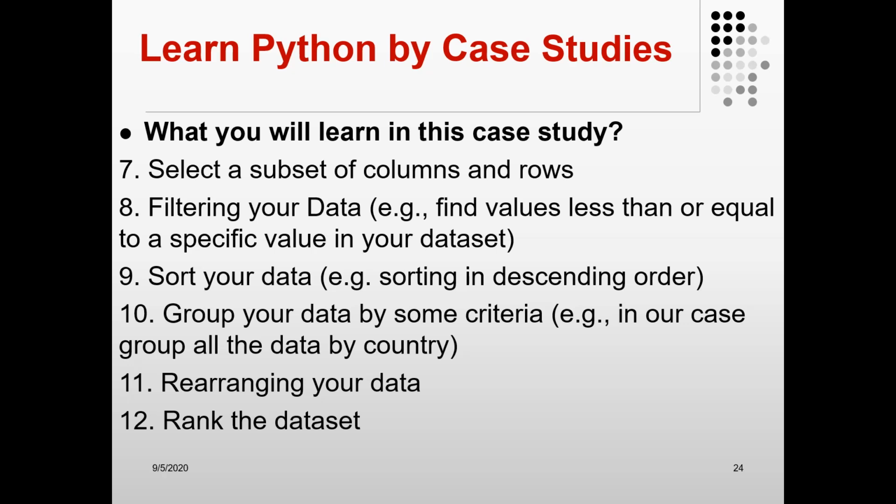Also learn how to sort the data in order to order them in descending or ascending order. And you also learn how to group your data, for example, if you want to classify your data based on some criteria. Also how to rearrange your data.